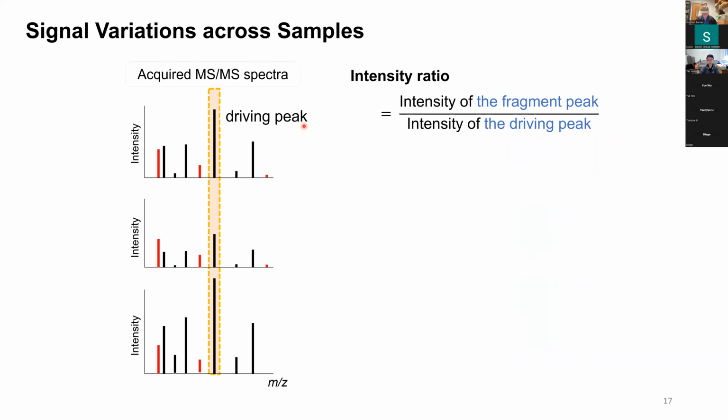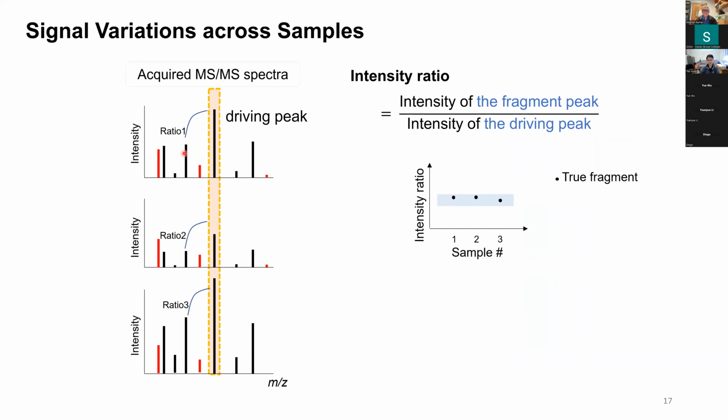So all we need to do is to identify a driving peak in the MSMS spectra and calculate the ratios between those pairs. For the true fragment ion, because it goes up and down together with the driving peak, the intensity ratio fluctuation will be relatively low.